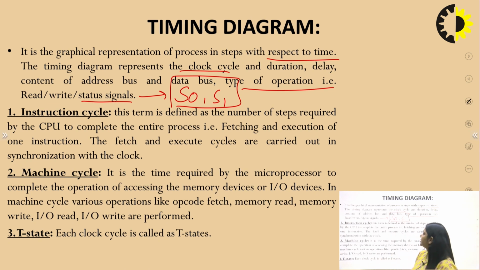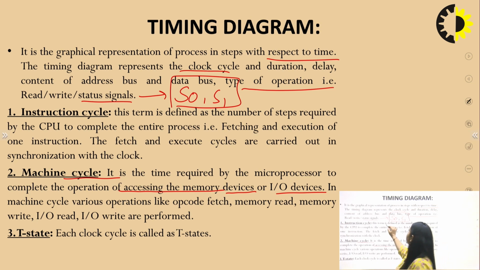Machine cycle is generally the time required by the microprocessor to complete some operation, and that operation will be accessing the memory device or the input output device. So it is the time required by the microprocessor to fetch that instruction from the memory or the IO device.